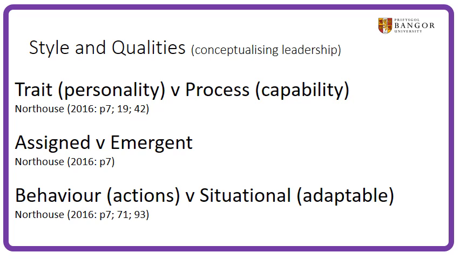Behaviour is absolutely about action, so it's about the things that the person does. That's how leadership is defined. And then finally, the situational or adaptable conceptualization of leadership sees theories that identify leadership as very much changing with the environment, which is demanded of that person.